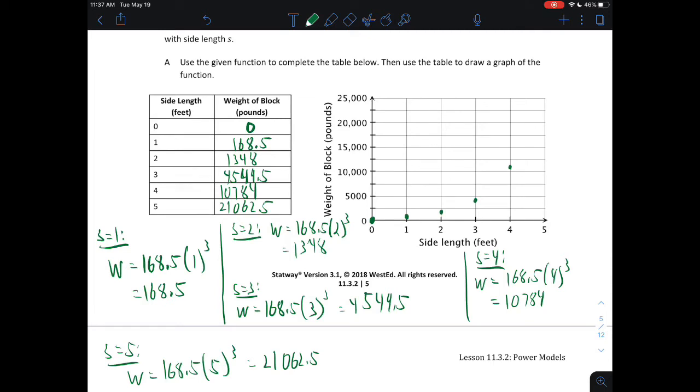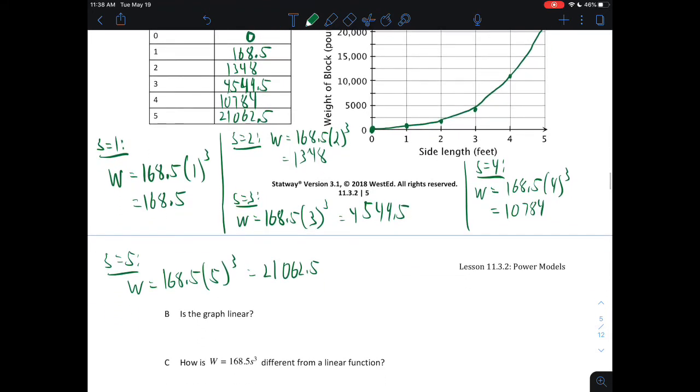And when side length was 5 feet, the weight was 21,062.5, which is above 20,000. So again, you can see that these points started low, but as we started to increase, it starts to go up pretty quickly. So just according to our graph here, is it linear? No.